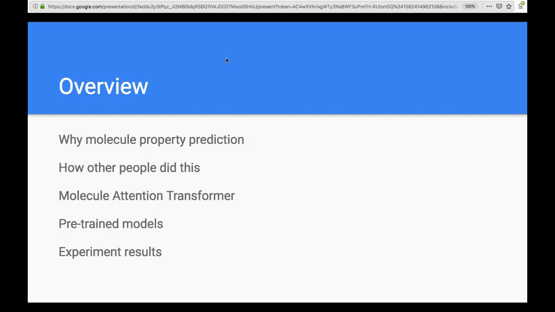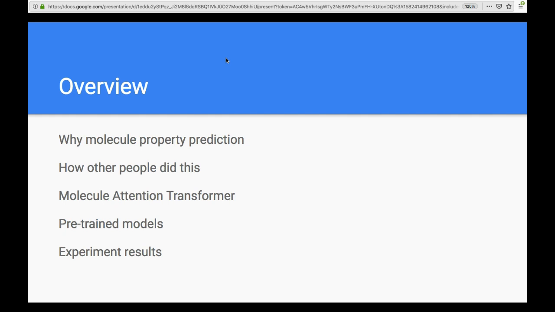At first, I will introduce why people want to do molecule property prediction. Basically, this model performs molecule property prediction, and before that, I will introduce why we want to do that and what benefits we can get from it.